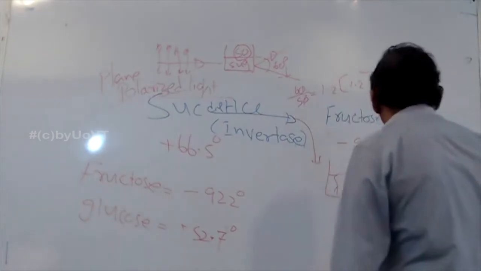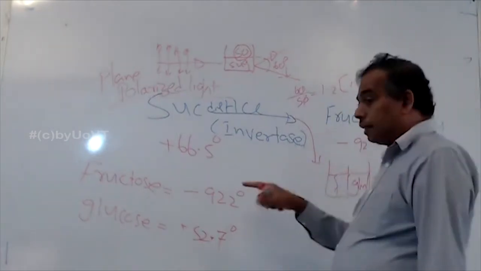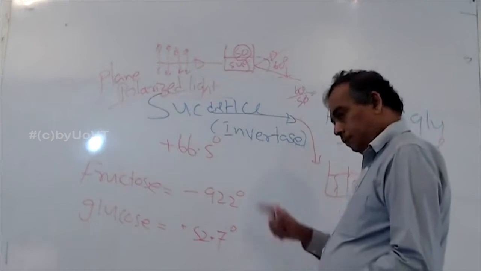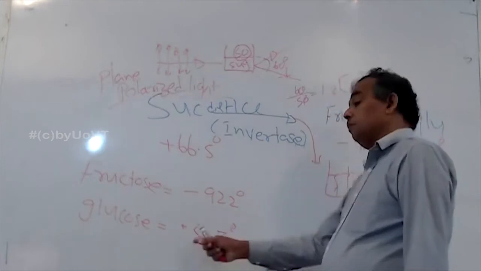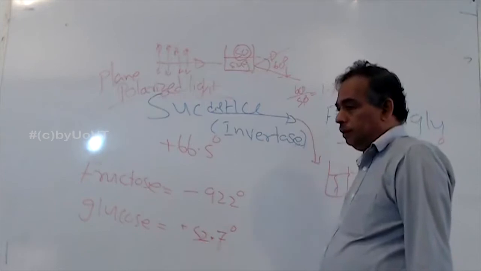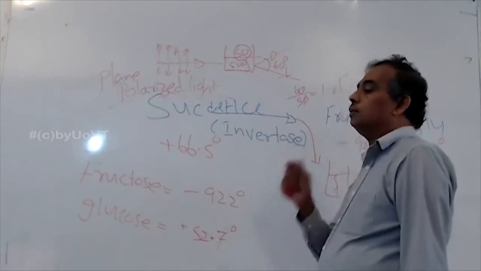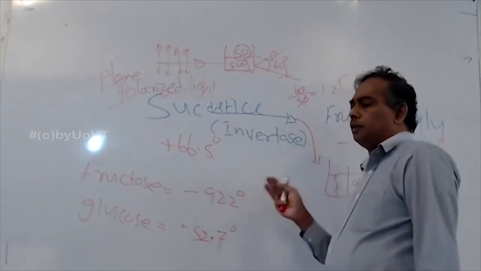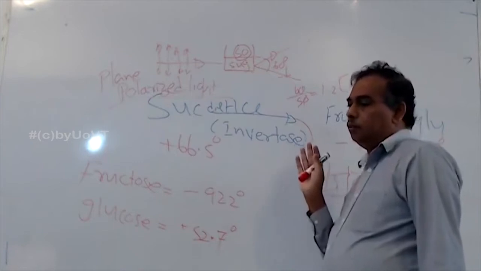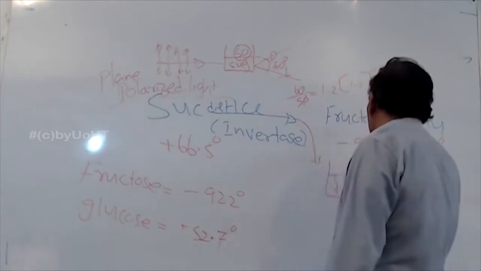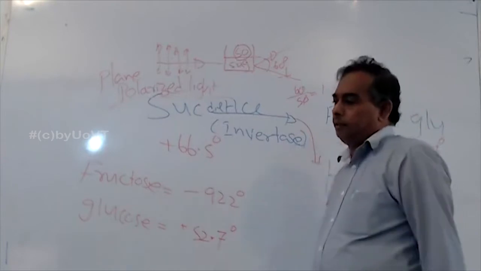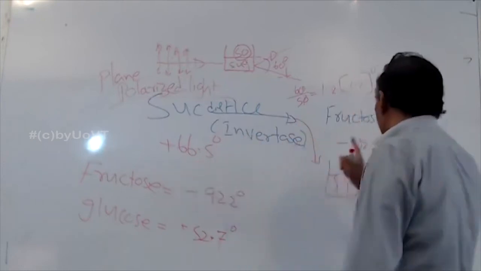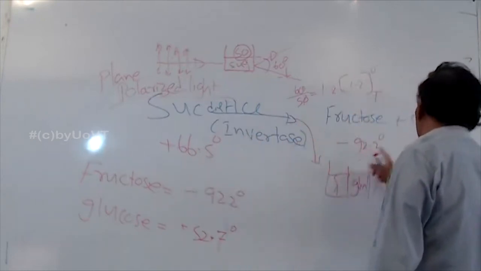Then glucose, under normal room temperature conditions, can rotate the beam by this amount, plus 52.7. Therefore, that is the specific rotation, and we can use that value. We don't think about how many fructose molecules or glucose molecules there are, because we just think about the negative and positive. Then plus 66.5 on this side; on this side, the product has minus 92 and plus 52.